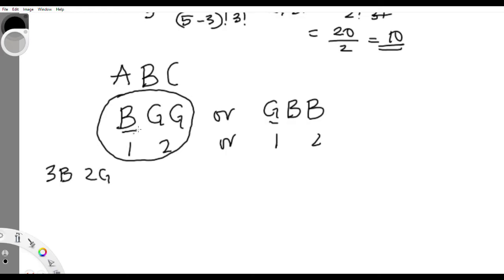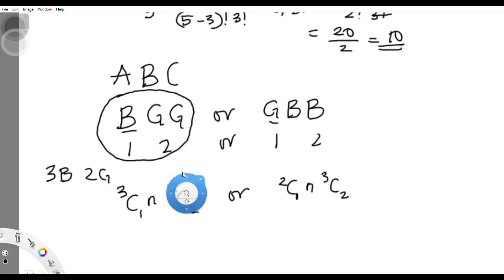Then for picking 1 boy first, that's 3 combination 1, and then picking 2 girls, that's 2 combination 2, or picking 1 girl, 2 combination 1, and picking 2 boys, that's out of 3 boys you are picking 2.